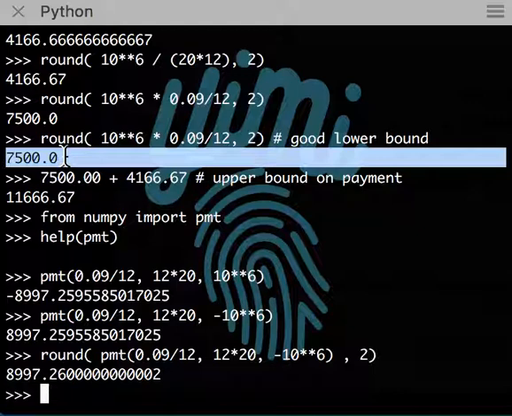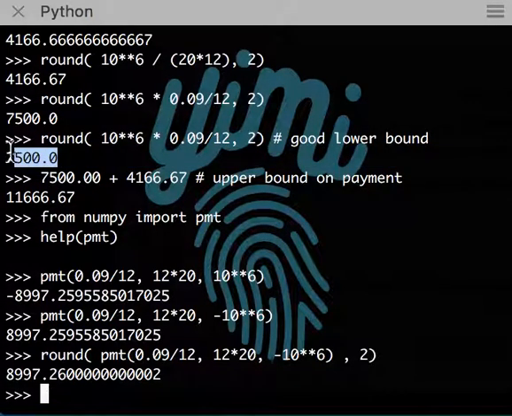So in fact, for a loan with a longer period of payback, looking at the interest amount per month and just assuming that your monthly payment is a bit more than that is actually quite a good way of estimating what the payment will be.